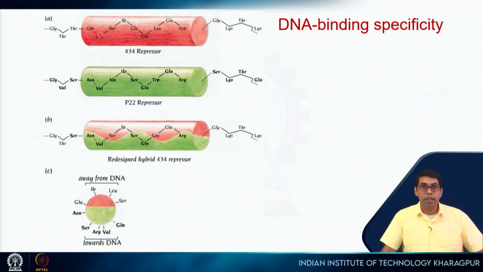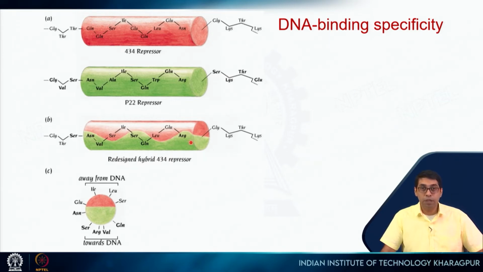So you can see that this is changed by this valine, this is here, and then some other residues like this glutamine are also changed by serine, and so on. This asparagine is here instead of glutamine.